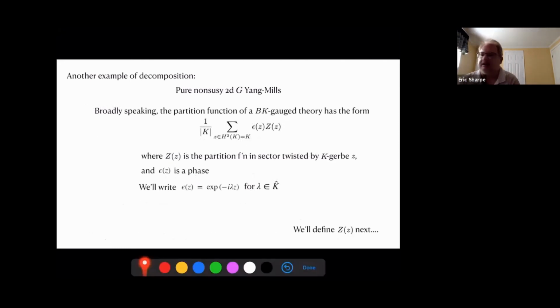Broadly speaking, much as before, the partition function of a BK gauged gauge theory should have this form: 1 over the order of K, a sum over K gerbes on the world sheet, some phases, some analogs of discrete torsion, and then the gerbe twisted contributions. So these Z's are the partition functions. Z sub z is the partition function in a sector twisted by a K gerbe of characteristic class z.